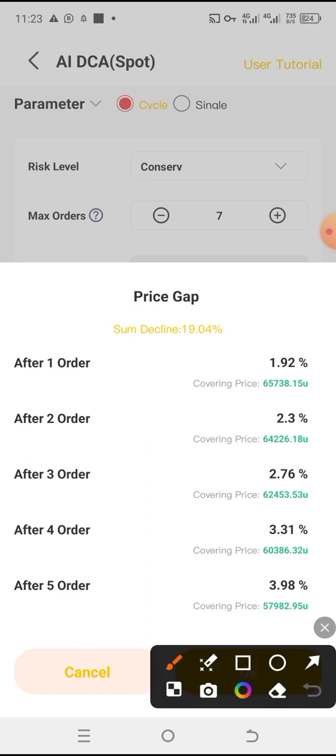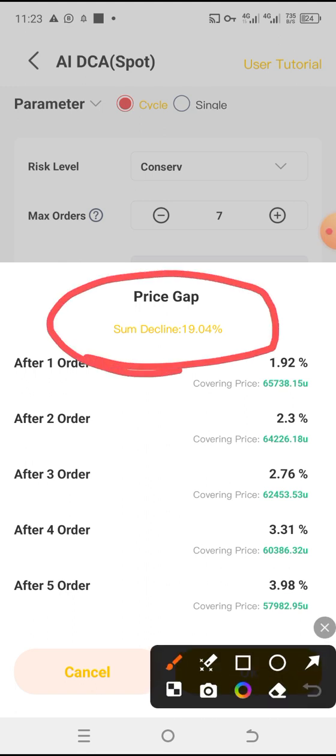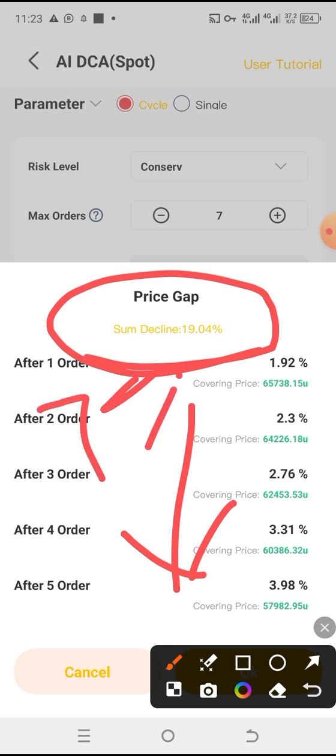Now, the beauty about this is it is covering for what? 19% down. So that means if this coin goes down 19%, it will still keep buying more in the dip, and probably when it purchases all these, instead of you being 19% down, you might probably be maybe 7% down.